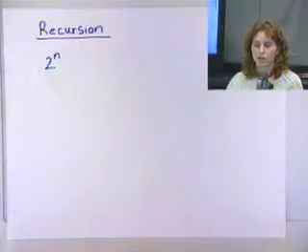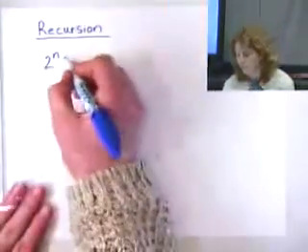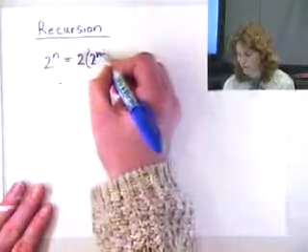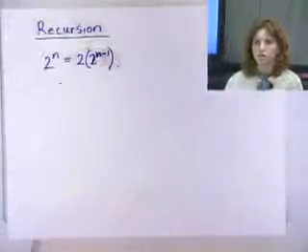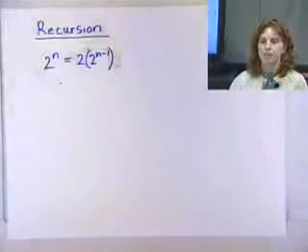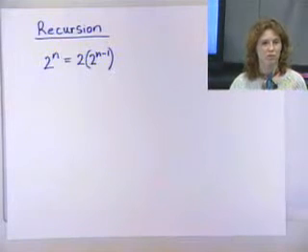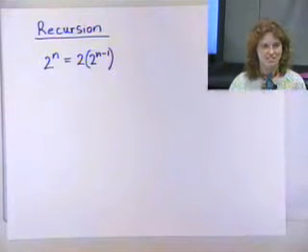I can define this recursively by saying that that's equal to, like this just helps me figure out how to define it recursively. I just have to multiply 2 times 2 to the n minus 1. If I knew what 2 to the n minus 1 was, I would be done, right?